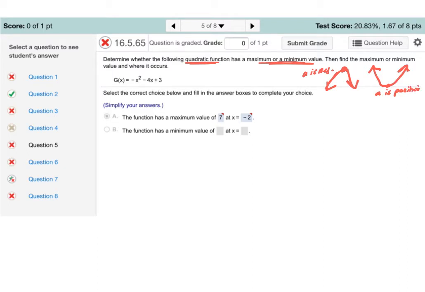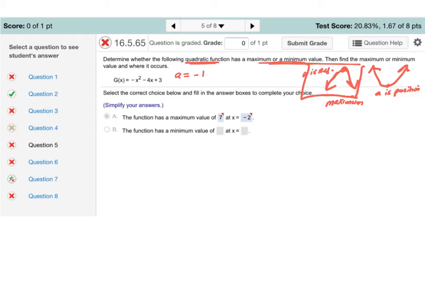And so that will be if a is positive, it opens upward. So here, if we look at our function g of x, which is equal to negative x squared minus 4x plus 3, our value of a is negative 1. So that tells us automatically that the parabola is going to open downward. And so the highest point of the graph will be the vertex, and we'll have a maximum value. In order to find the maximum value, we'll need to first find the vertex.